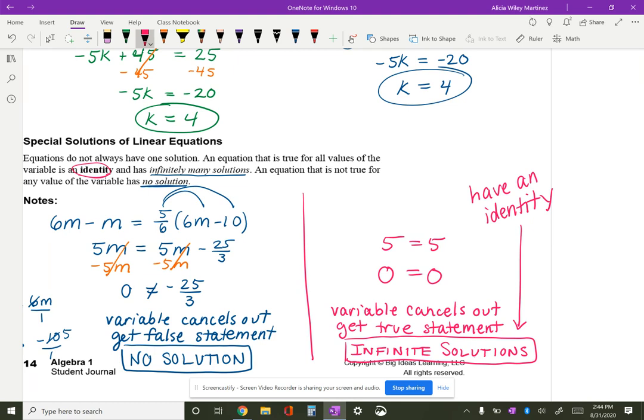An identity is when you have something equal to something else where they are exactly the same on both sides. So identity meaning that it's exactly the same on both sides of the equal sign.